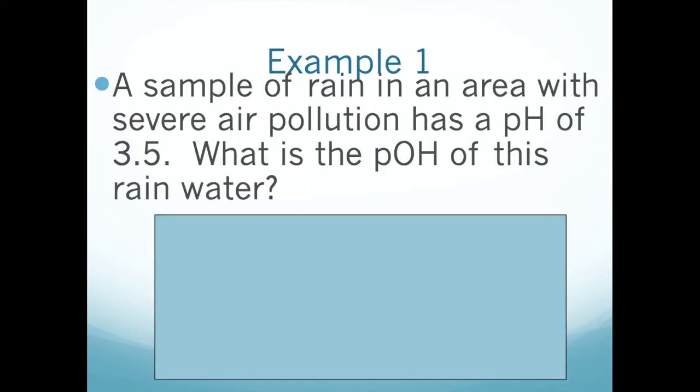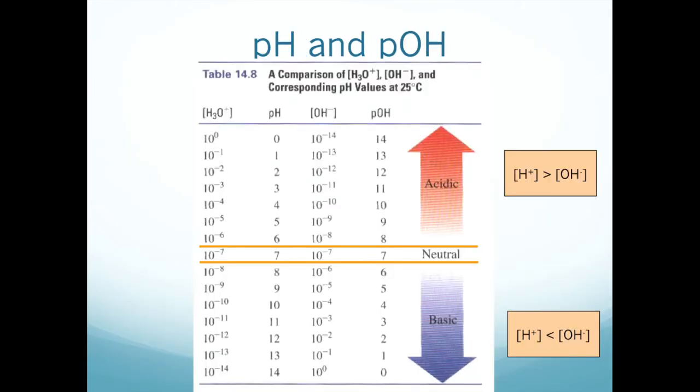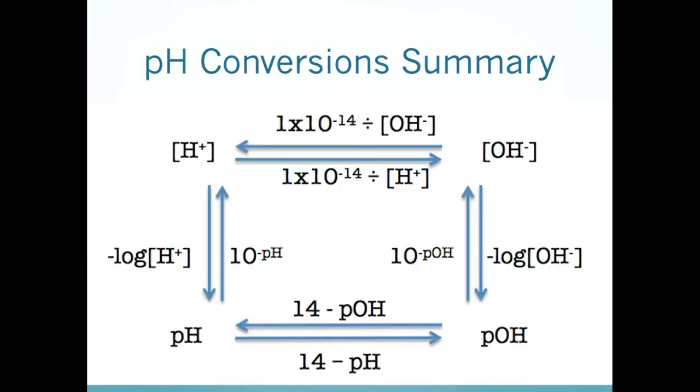Okay, let's try some examples of these calculations. And when you're doing this, feel free to go back a few slides to where we have this table to summarize how we convert one thing to another. Now, please note that a formula sheet will typically tell you that pH is equal to negative log H plus, and it will give you the Kw expression that H plus times OH minus equals 1 times 10 to the negative 14.